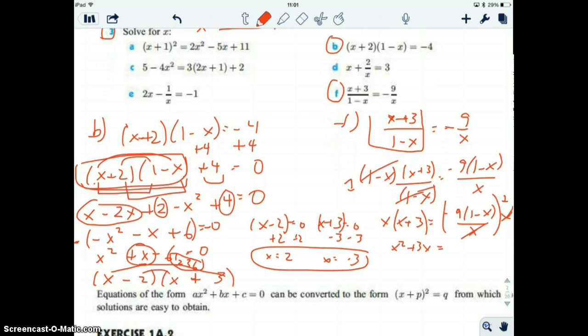-9 plus 9x. And then we're going to move everything to the left. x squared. And then we're going to do minus 9x from both sides. And that'll give us negative 6x. And then we're going to add 9 to both sides to get rid of that one. And we'll get plus 9 equals 0.